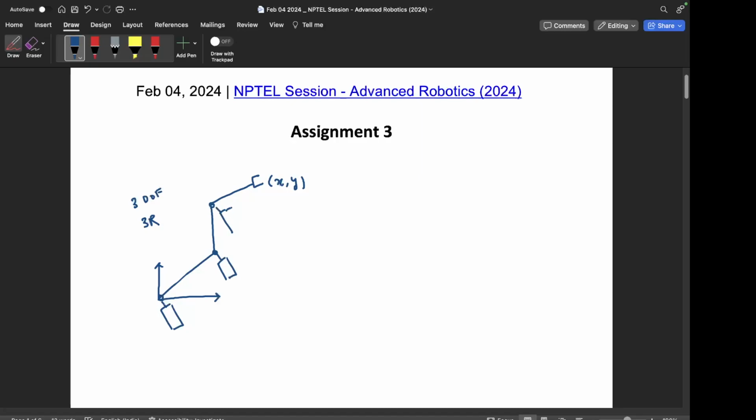to move these joints, and generally for revolute joints we have a gear train, a motor, and an encoder, right? So I will draw this separately here. At the joints we have the gear train, the motor, the encoder.